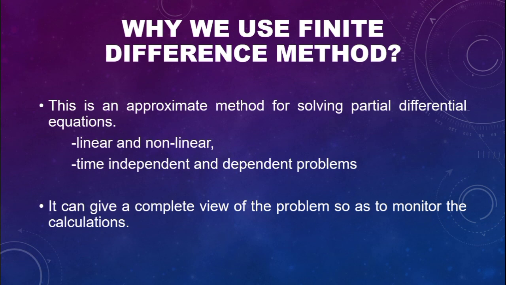Next, an important advantage of the finite difference method is its simplicity. It is not difficult, as it involves only simple arithmetic in the derivation of the discrete equations and in writing the corresponding programs.